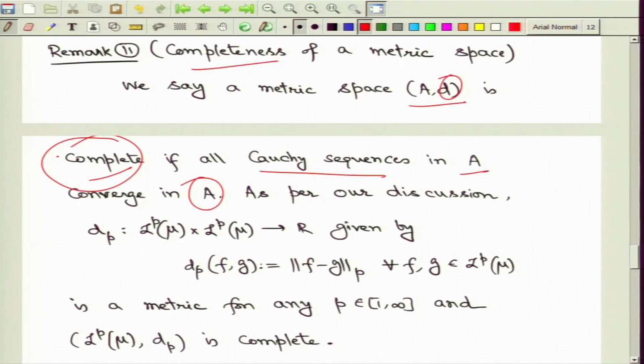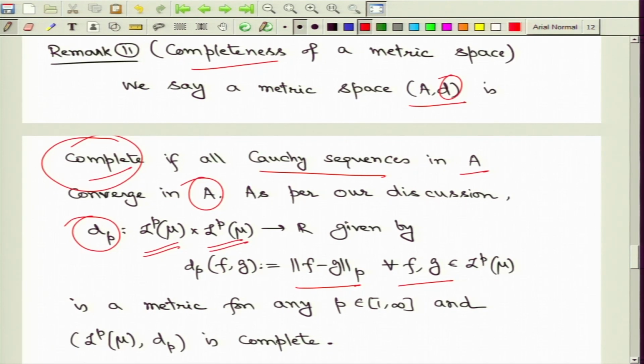Now, recall earlier that we have shown that if you look at these L p spaces, then there is a natural norm induced in them. So, L p spaces are normed linear spaces, but these norms actually give you a nice distance function. So, to discuss that, we introduce this distance function d subscript p. What it does is that given any two functions in L p, you look at the L p norm of f minus g.